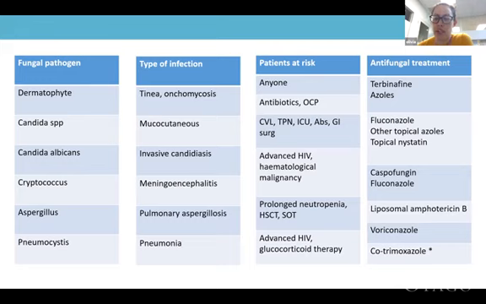Invasive Candida, generally an azole, fluconazole is good, but if they're really sick upfront, you probably want to treat them with an echinocandin, so caspofungin. Cryptococcus, upfront we give them liposomal amphotericin B. Aspergillus, treatment of choice is voriconazole, and then pneumocystis is cotrimoxazole, so just a star next to that to remind you that it's not an antifungal therapy, it's an antibacterial therapy.